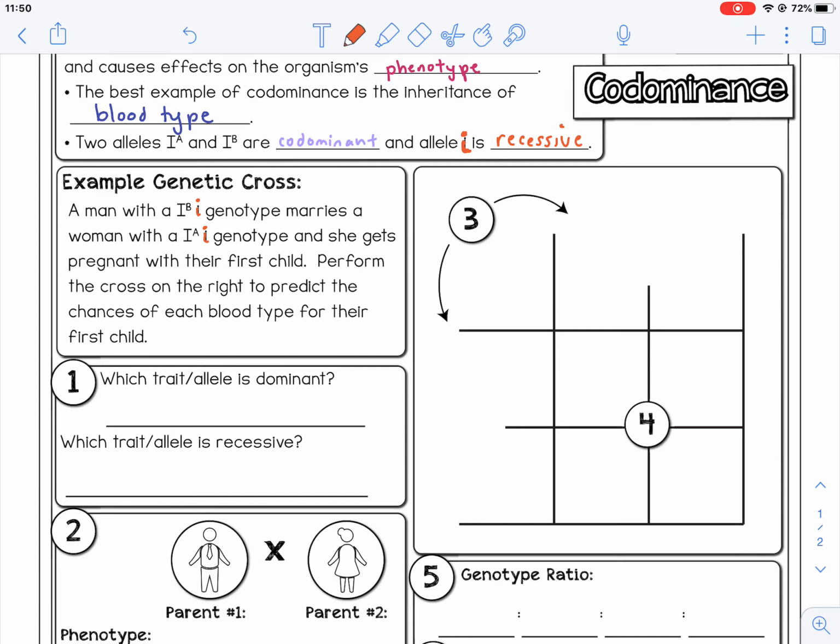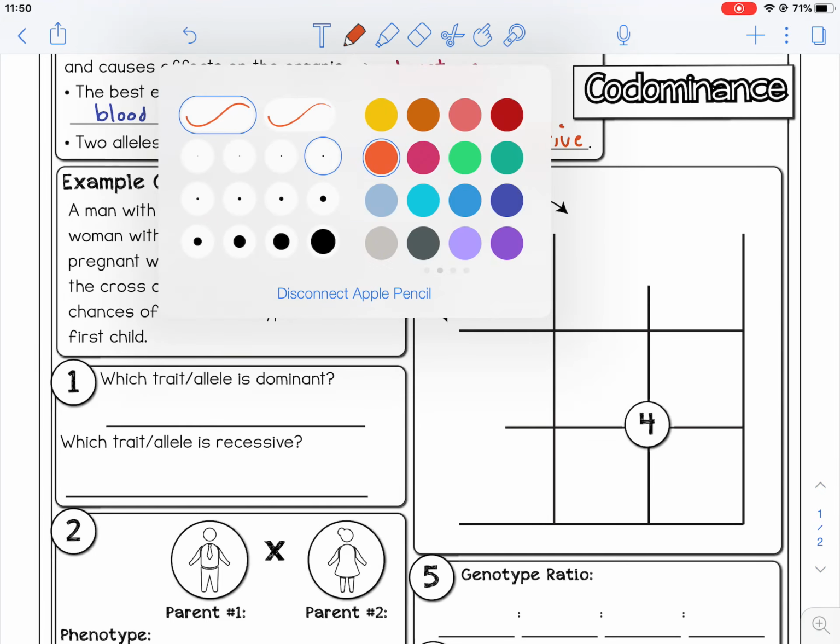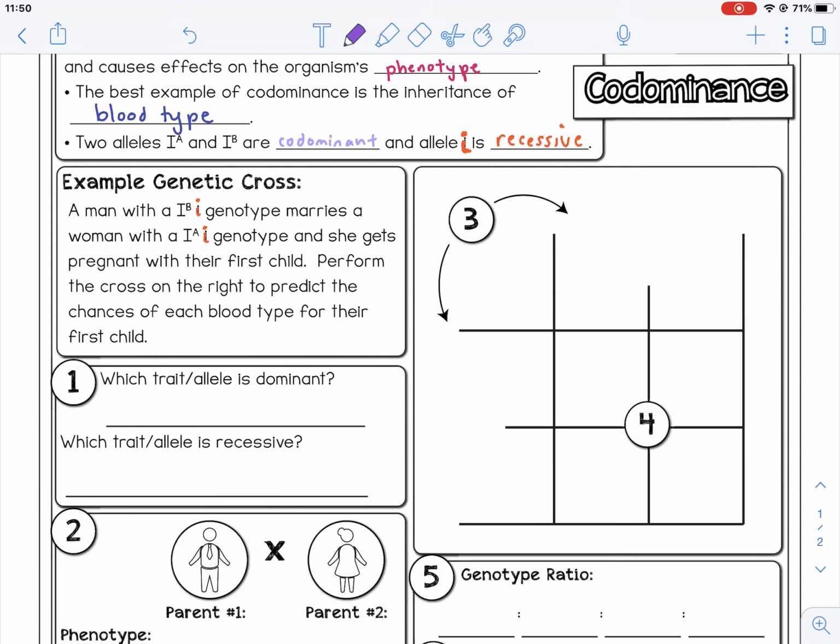So what trait or allele is dominant? Well, we just said that we're dealing with codominance here. So with codominance, they're equally dominant to one another.